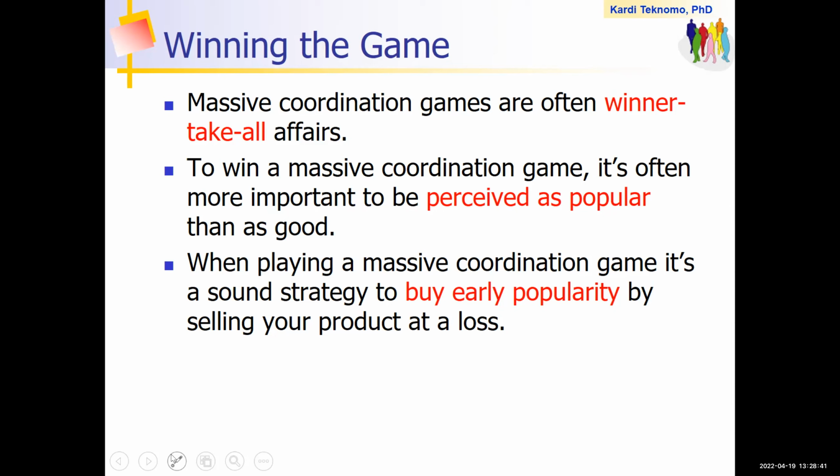So when playing a massive coordination game, it's a sound strategy to buy early popularity by selling your product at a loss. Many startups use this strategy. They want to win the competition and be perceived as popular, and so they sell their product at a loss.